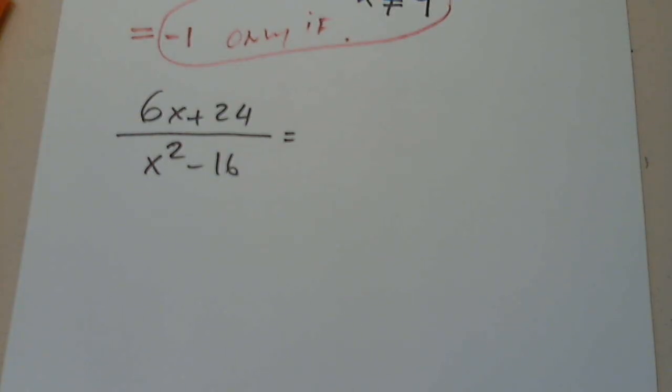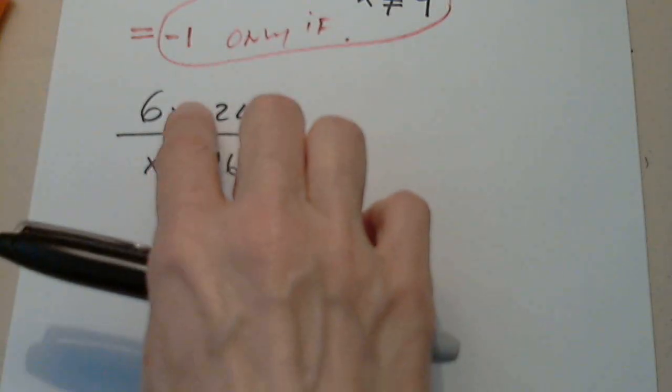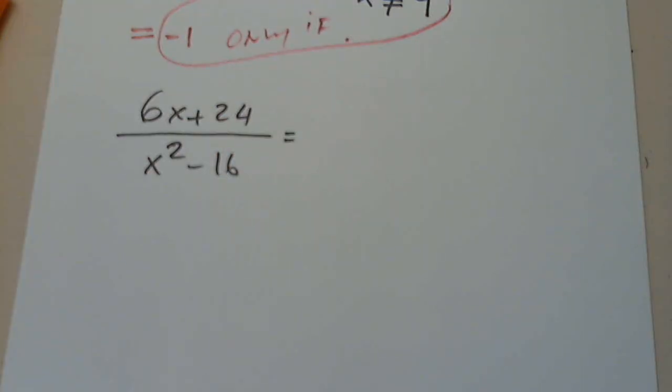Good. So what will you do first? You will simplify x with x and 24 with 16 and whatever? The answer is absolutely not. We can only simplify factors. That's why we studied factoring.